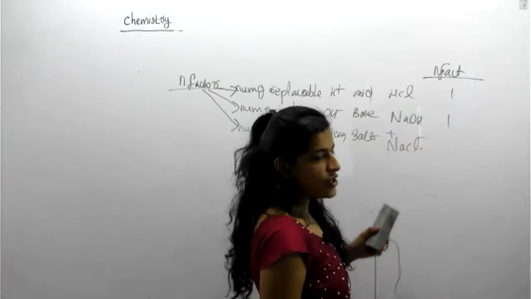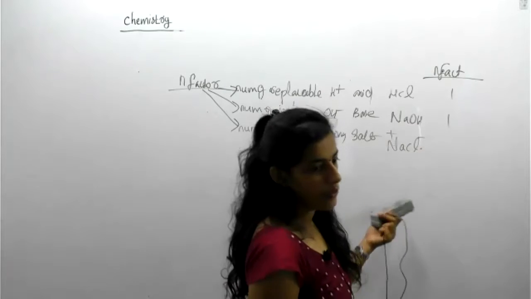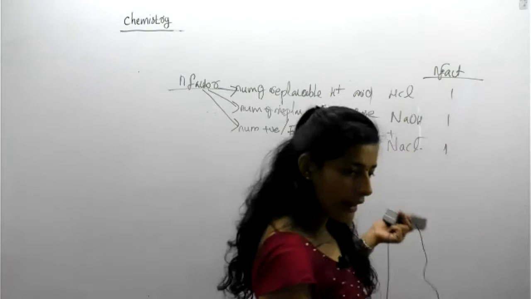So the total number of positive ions is 1, and negative ions also 1.